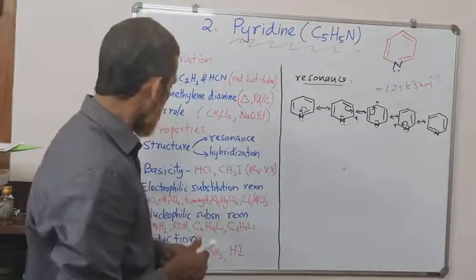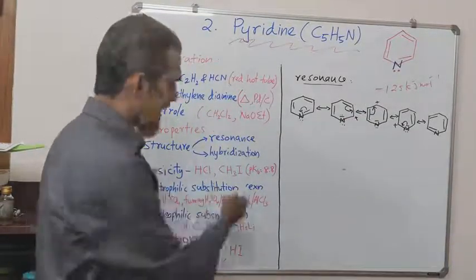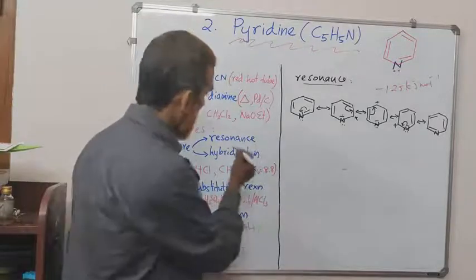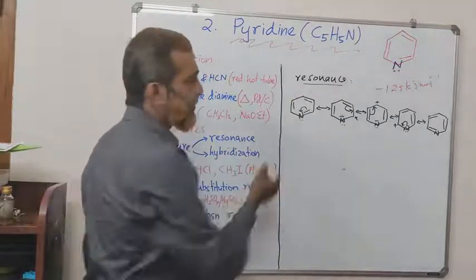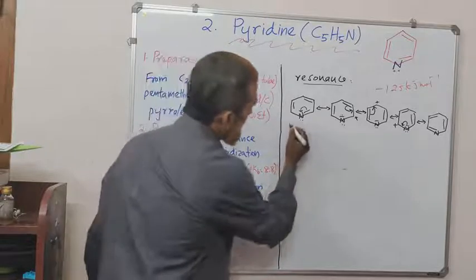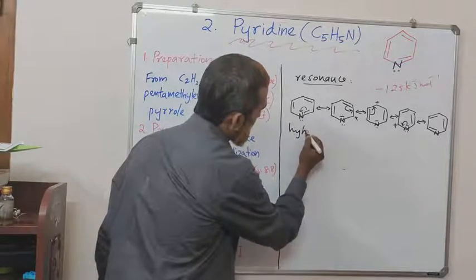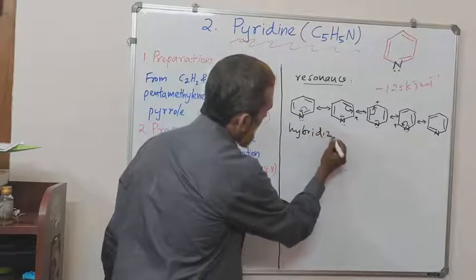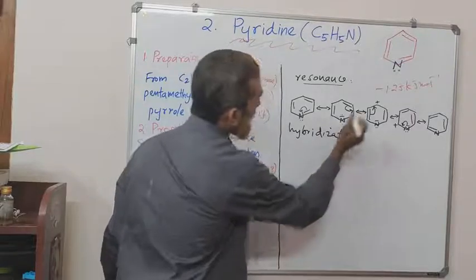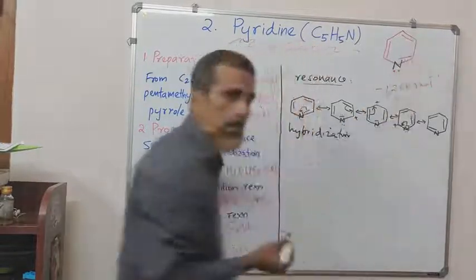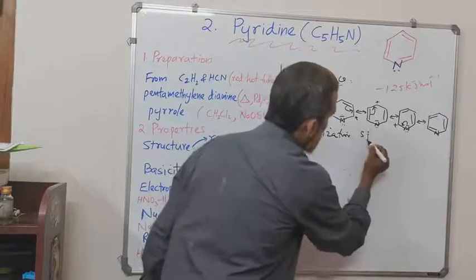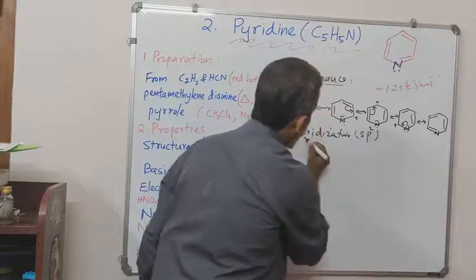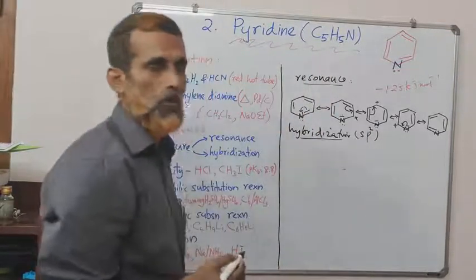Now the next one is the hybridization structure. What is the hybridization state of pyridine? That means all the 5 carbons and nitrogen are in sp2 hybridization. Remember that. All in sp2 hybridization.